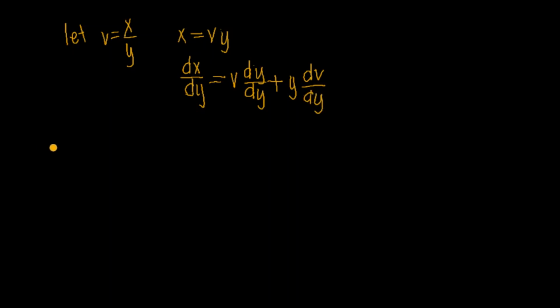From our original differential equation, we have dx over dy is equal to 2 times x over y plus 1.